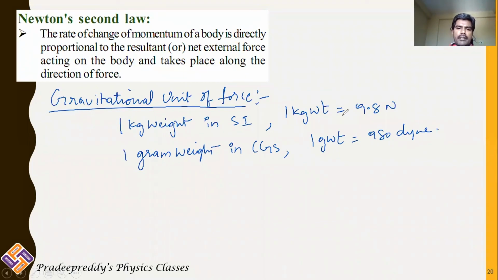That is the relation between gram weight and the SI system. So the gravitational units of force are kg weight and gram weight.